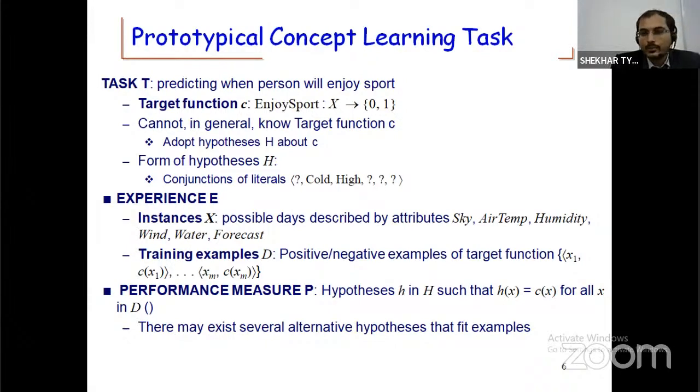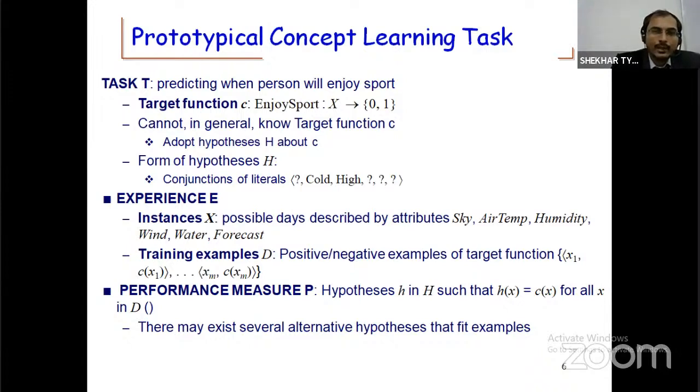Target function is always a Boolean one. So for a particular task, when we are going to plot a machine learning algorithm, it is a concept learning problem, and then we define the target function. Target function will always represent a Boolean value. Either it will be a 0 value or it will be a 1 value.